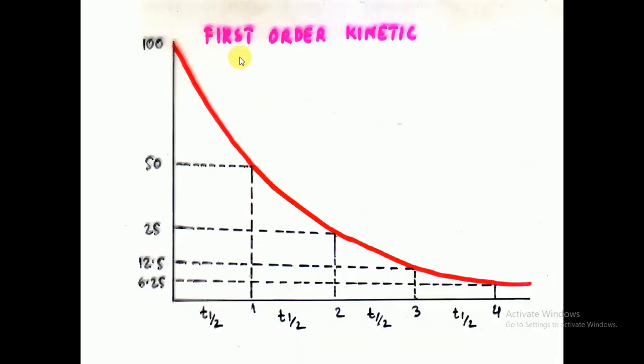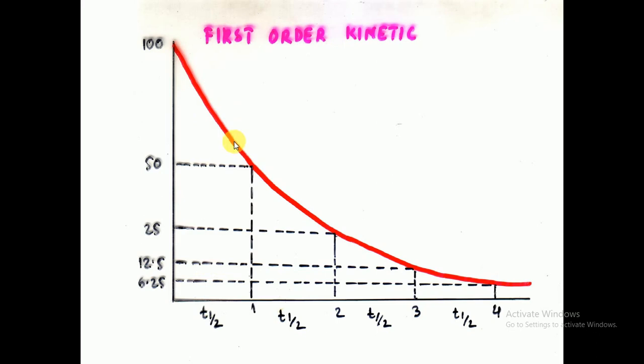Now look here. This is called first order kinetics. On the x-axis is time, and this is the concentration of the drug from 100 to 6.25. What is happening here?